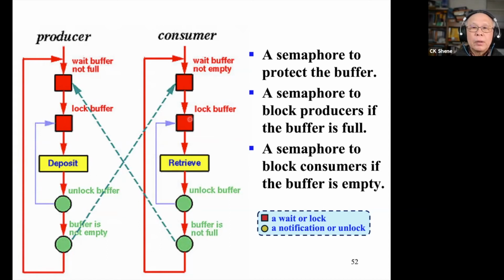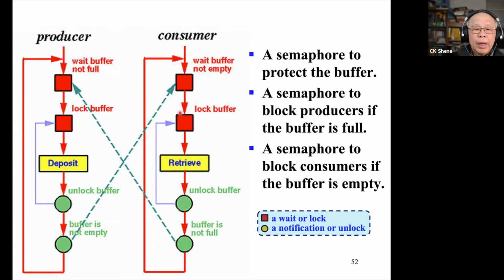But the same buffer is protected by a single semaphore with initial value 1. Even though we have multiple producers and multiple consumers that could proceed to the locking of the buffer, only one of them can proceed. In that way, we guarantee there is no more than one thread, whether that thread is a producer or a consumer, that has a chance to access the buffer.